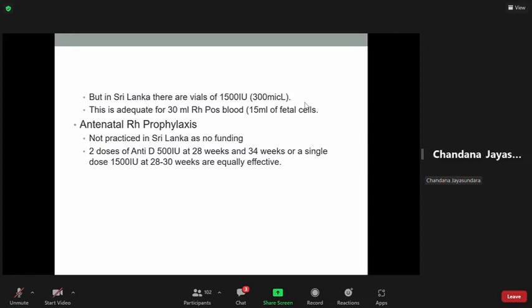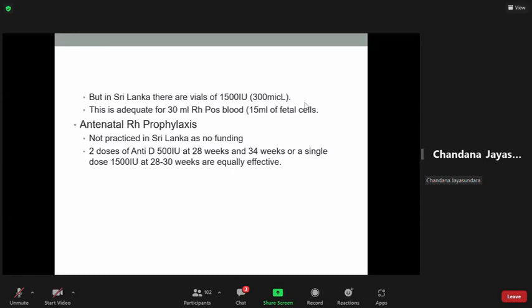Now, we have 2 types of prophylaxis. One is postnatal prophylaxis, which is given within 72 hours of childbirth. The other is antenatal prophylaxis, which is given before childbirth. Antenatal prophylaxis is not essential because the chance of mixing fetal and maternal blood is very low in the antenatal period.